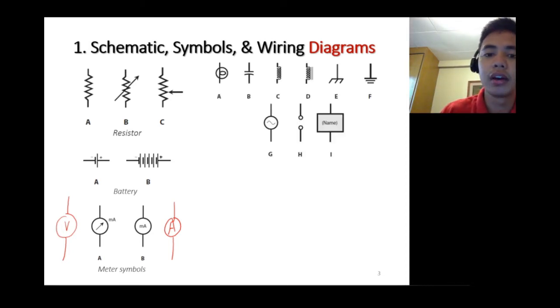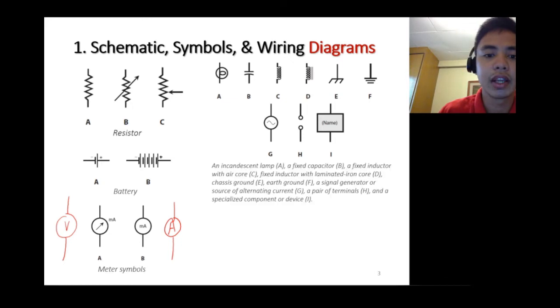And then we have other symbols. For example, we have an incandescent lamp, then a fixed capacitor, an inductor with air core, and then a laminated core with the symbol here.